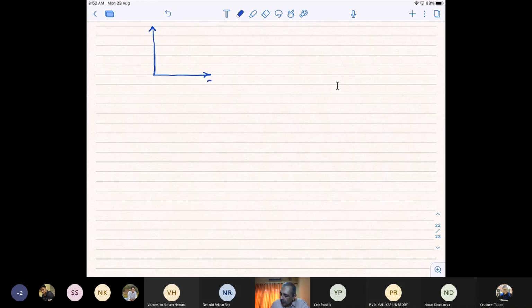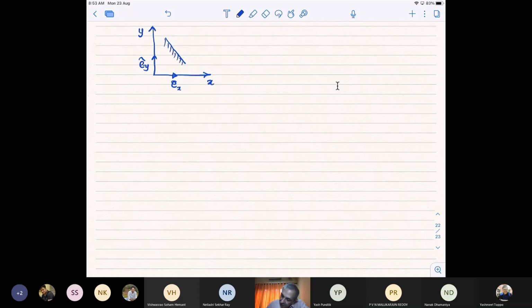So this is my coordinate axes X and Y, and these are my unit vectors Ex, Ey. And suppose I want to calculate within this system, I have a surface, and I want to calculate what is the force acting on this surface.